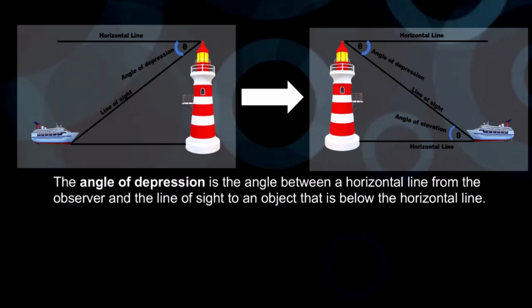Pero, obserbahan nyo po ito. Since this is line of sight, if the observer ay nasa top of our lighthouse, at ito po yung horizontal line, if our observer po is nasa barko. Ulitin ko po, ito po yung horizontal line if ang ating observer ay nasa taas ng lighthouse. At ito naman po ang horizontal line if ang observer natin ay nasa barko. Yan, magiging yung dalawang horizontal line po na yan ay magiging parallel line.